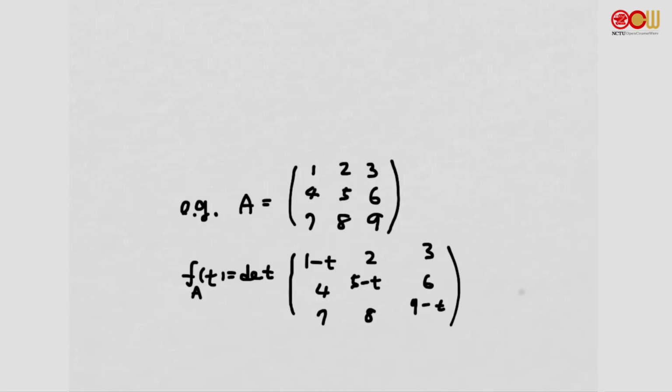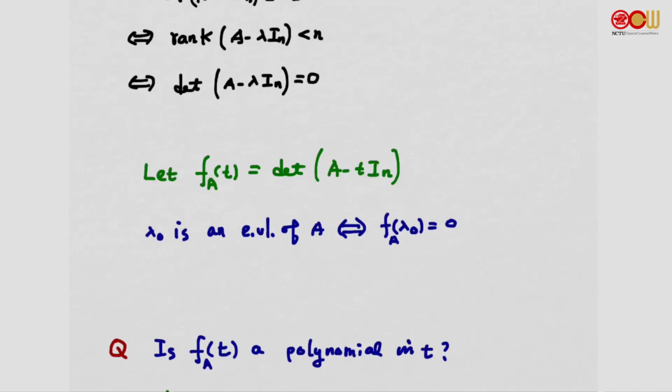As an example, if this is a matrix, then this is f_A of t, that's the determinant. f_A of t is the determinant of this matrix. So what kind of function is it? Is it a polynomial in t?